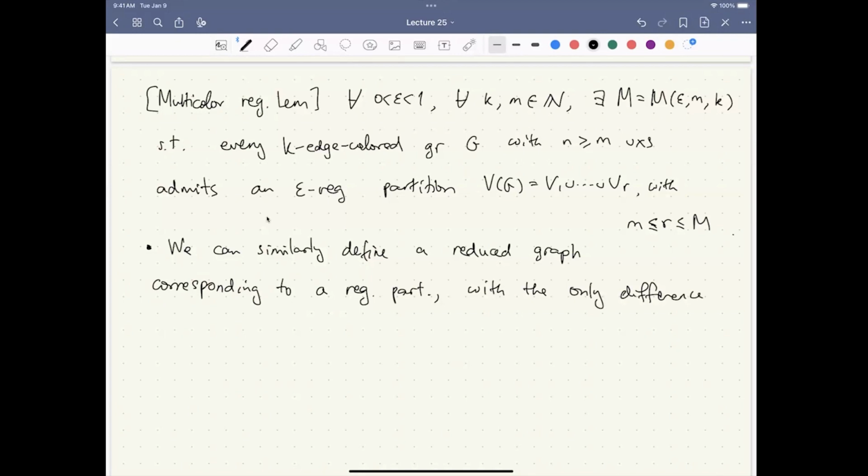Before, we put an edge between two corresponding clusters in the reduced graph if and only if it's regular and dense. Here, between the pair, there are k graphs, one in each color. So we put an edge between two clusters in the reduced graph if and only if it's regular with respect to every color.